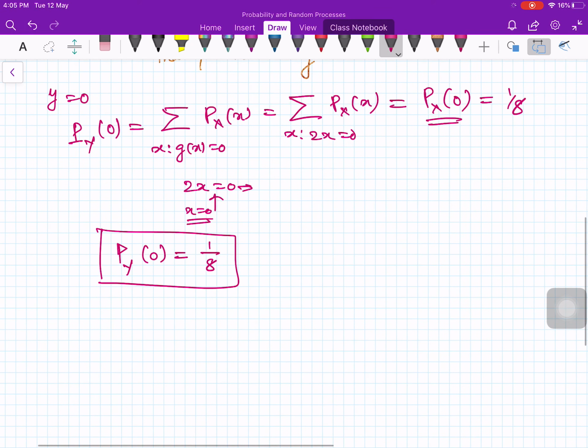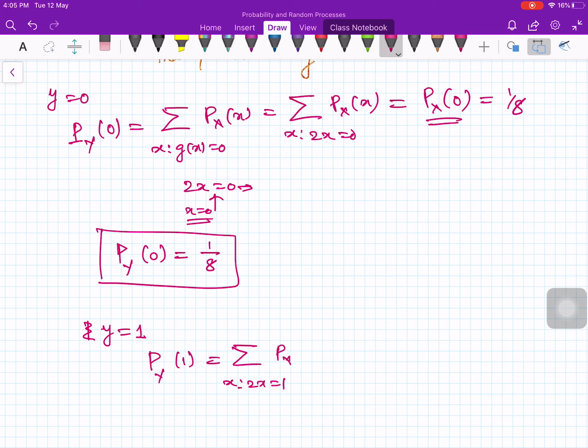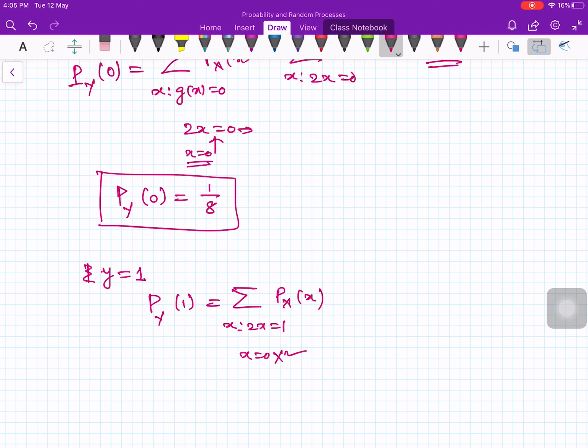Now let us substitute y equal to 1. Then p_Y of 1 is the sum over the set of all x's such that 2x equals 1 of p_X of x. Substitute x equal to 0, it will not satisfy. Then x equal to 1, 2 is not equal to 1, and x equal to 3, again 3 times 2 is not equal to 1.